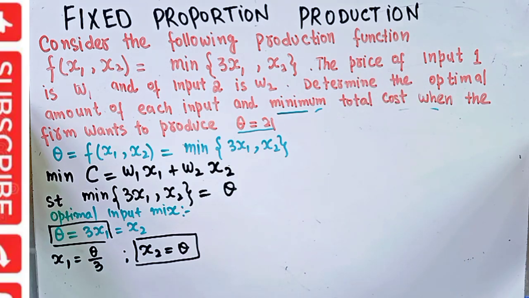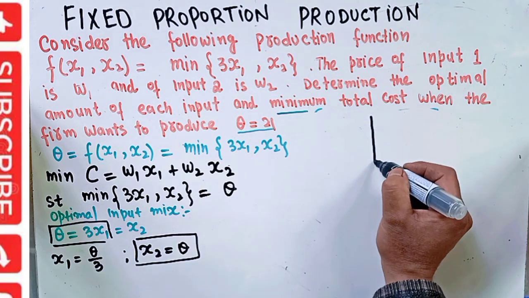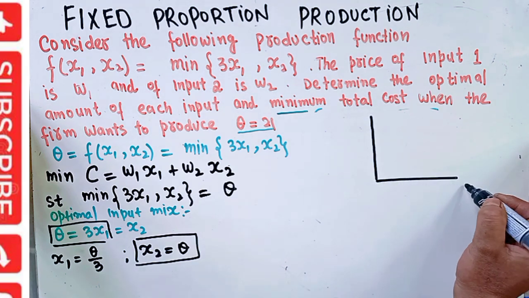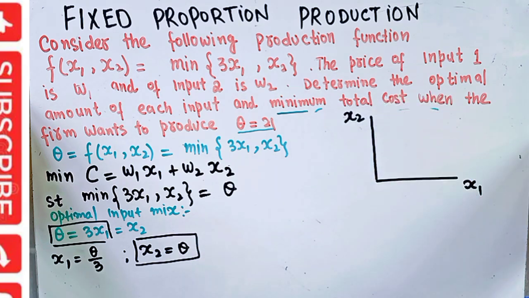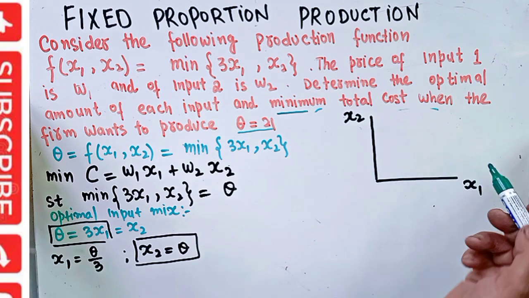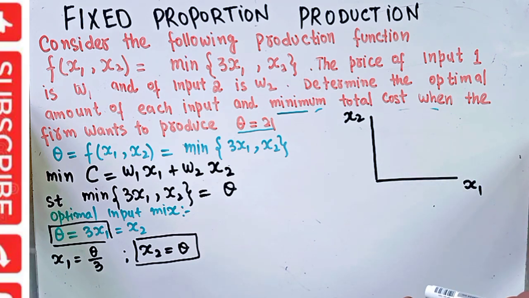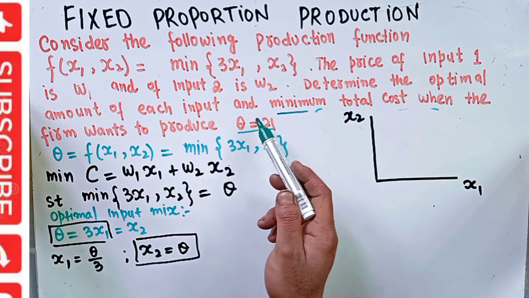Basically, if I graph this out, with units of x1 on the horizontal axis and units of x2 on the vertical axis, we will get an L-shaped isoquant, and I will explain that also.